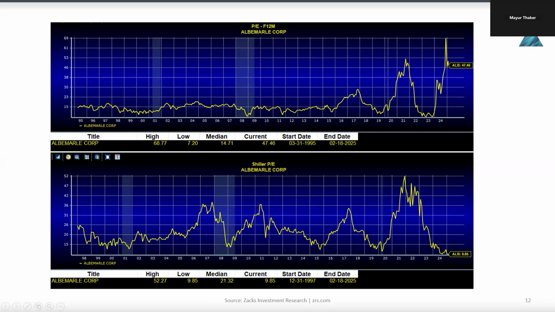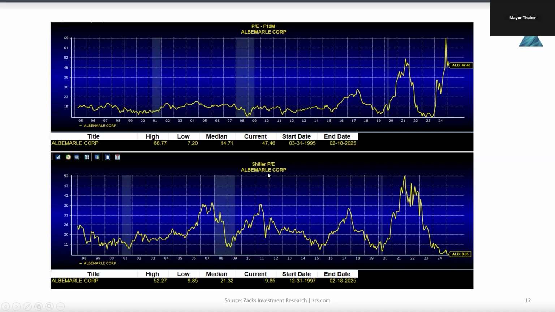And that is the twin engine of alpha. Earnings growth combined with multiple expansion. So we believe that this extreme pessimism in Albemarle shares right now is a buying opportunity, because most of the expectations, as you can see here, have now been squeezed out.